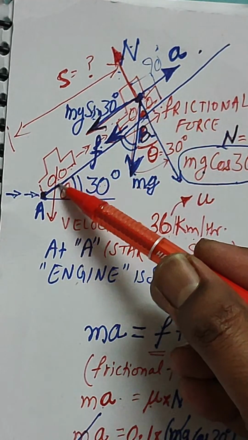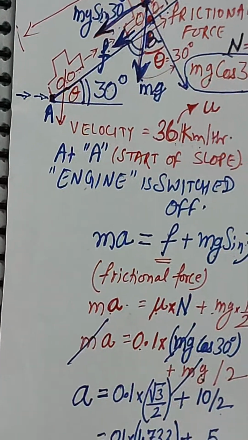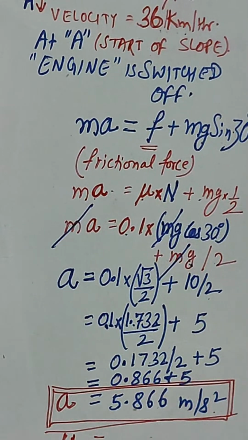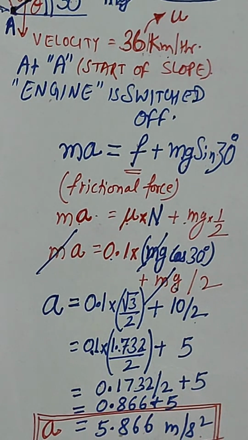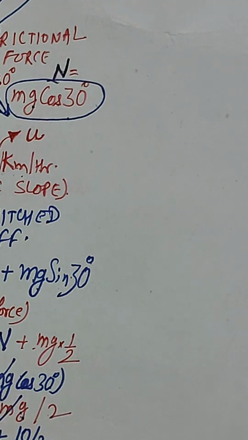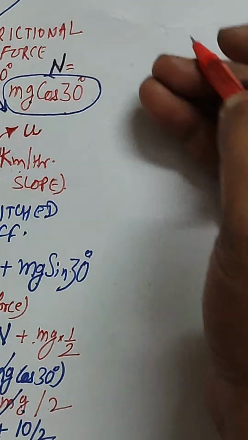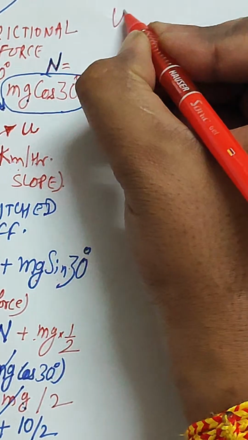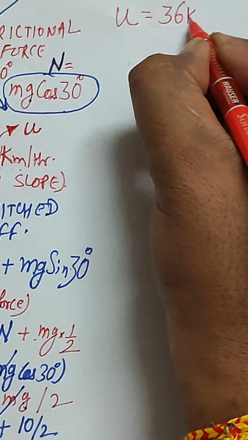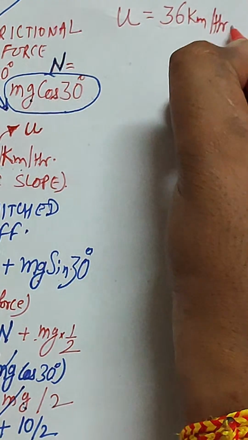This will be the initial velocity u, right? So here the value of u is given to you as 36 kilometer per hour, right?